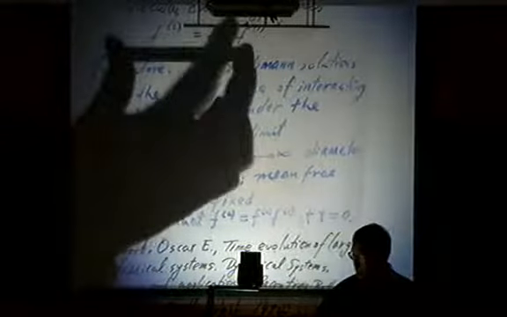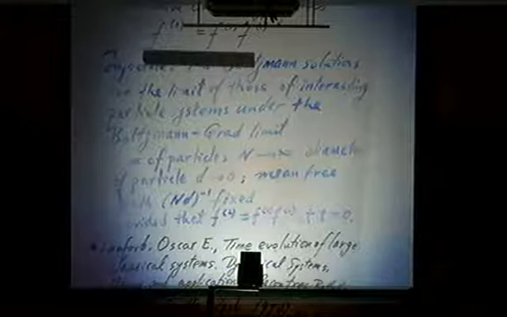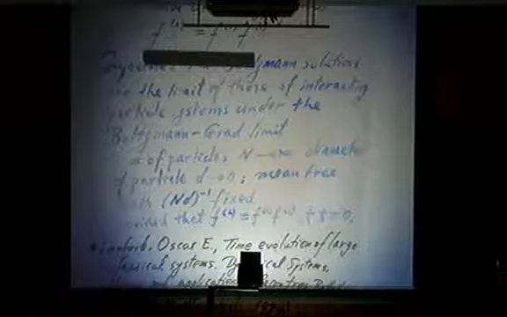In that limit, this molecular chaos assumption, assumed at the initial time, will persist in the limit. Not before the limit, because when waves interact, you lose that independence.